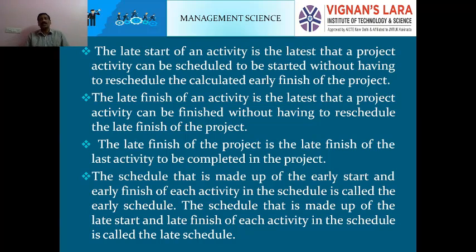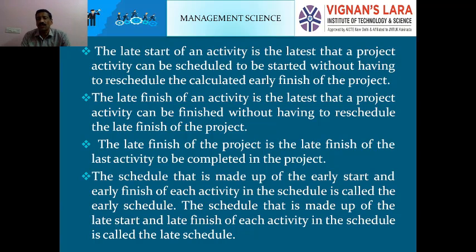The schedule made up of the early start and the early finish of each activity in the schedule is called the early schedule. In other words, early start at 1 and early finish at 2 is also called the early schedule.